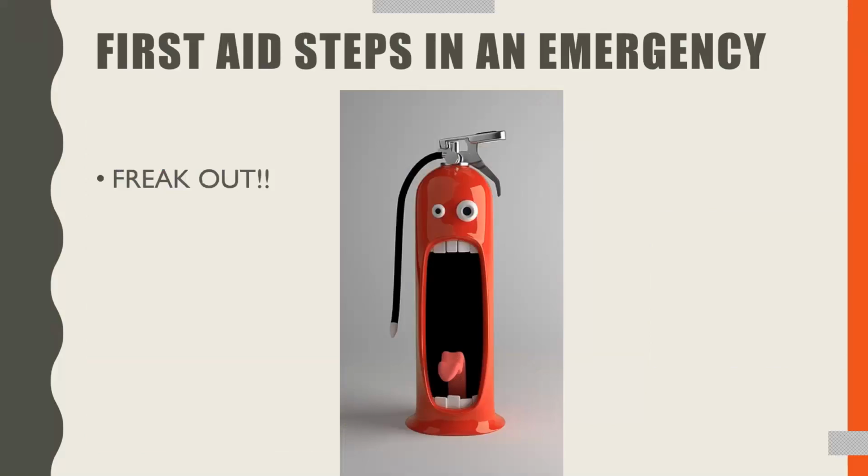So the first thing you want to do is freak out, right? No, just kidding. You don't want to freak out, because as the person that's going to be responsible for this responsive or non-responsive individual, you need to make sure you stay calm and do the similar steps that we've done with CPR, which we're about to go over again.